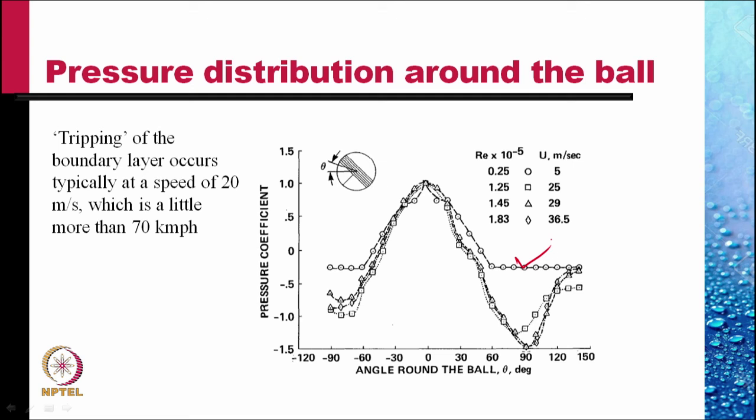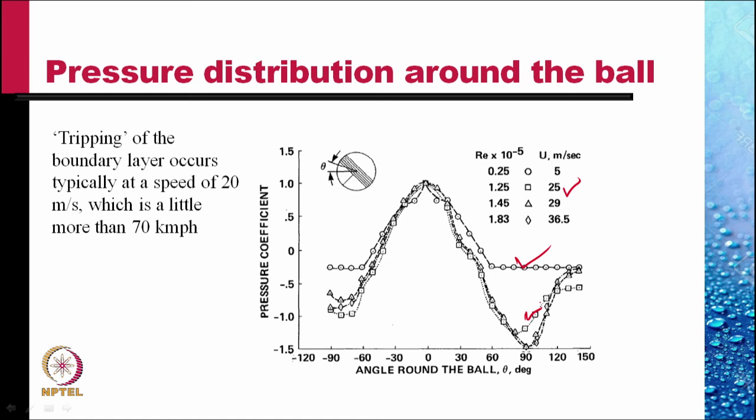As you increase the velocity 5-fold to about 25 meters per second, the swing force is there. For higher velocities, 29 meters per second or 36.5 meters per second, the pressure distributions are the same.